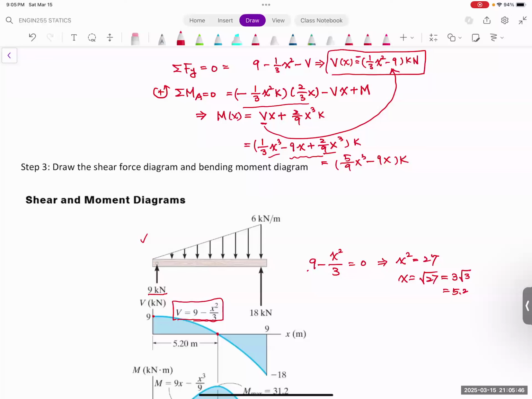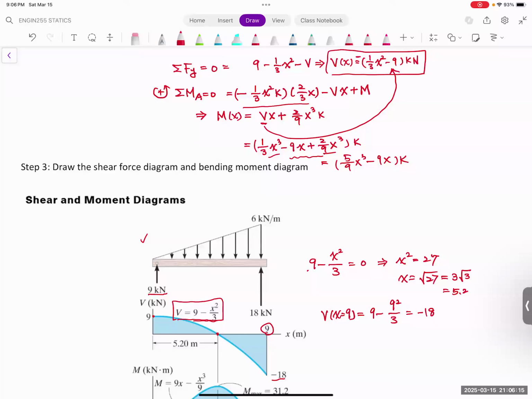After that, it will just continue to go parabolic until you reach 9 meters, right? So you can find out what this value is. If you put V, that x is equal to 9, you will find out this is going to be 9 minus 3, 9 squared, and that will be equal to negative 18.